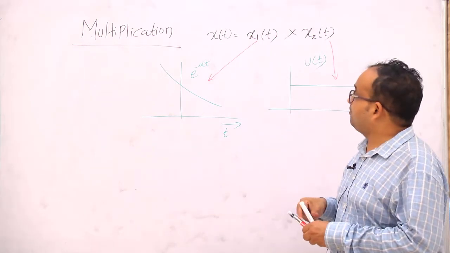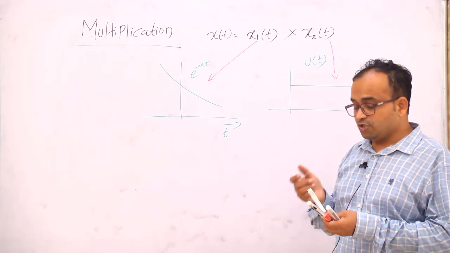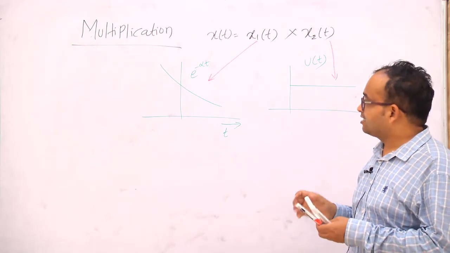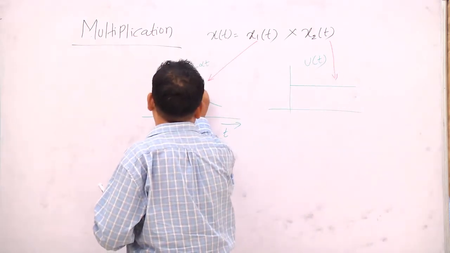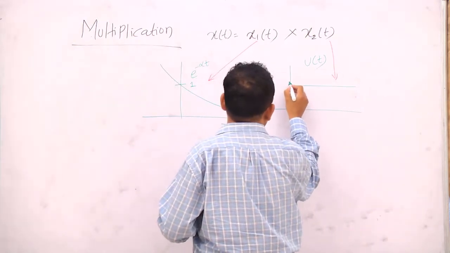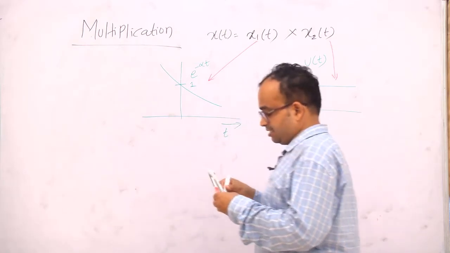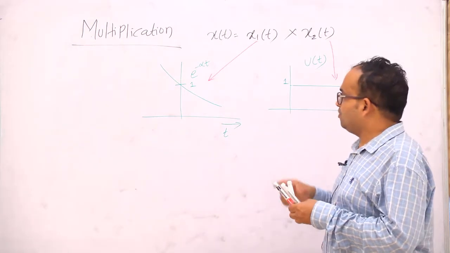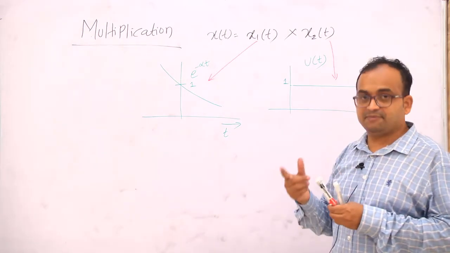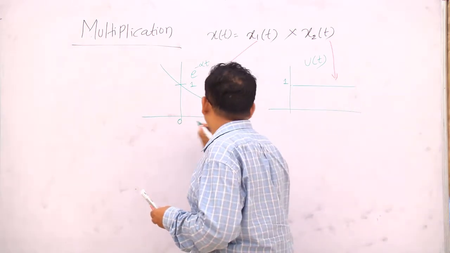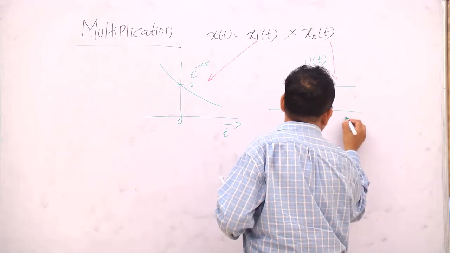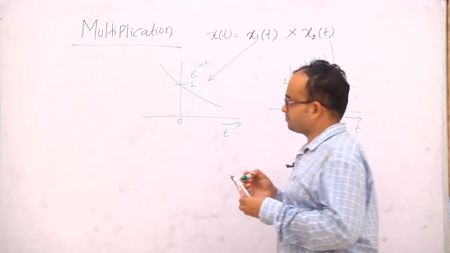After multiplication, what will you get? This is very simple. Let us consider this value is 1, the amplitude is 1, and this value is also 1. We consider the same time instant, so this is the 0 origin, and this is also the 0 origin.